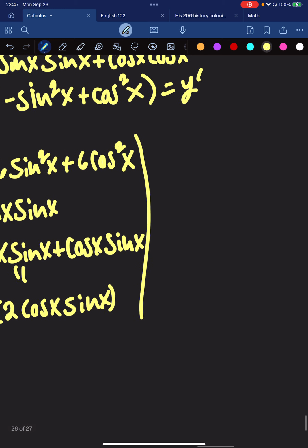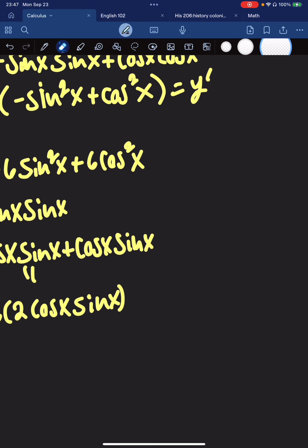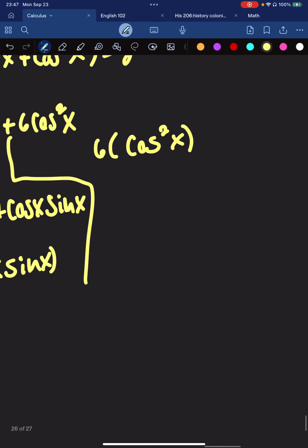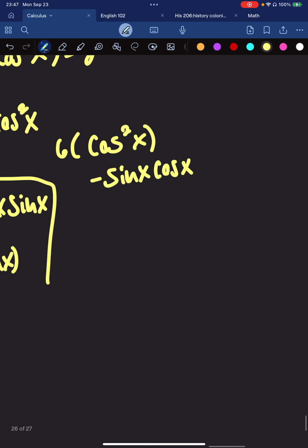All right, now we're going to be doing the same thing on this side. So we've got 6 on the outside, cosine squared x. And the derivative of cosine is going to be negative sine. So negative sine x times cosine x minus negative sine x times cosine x.